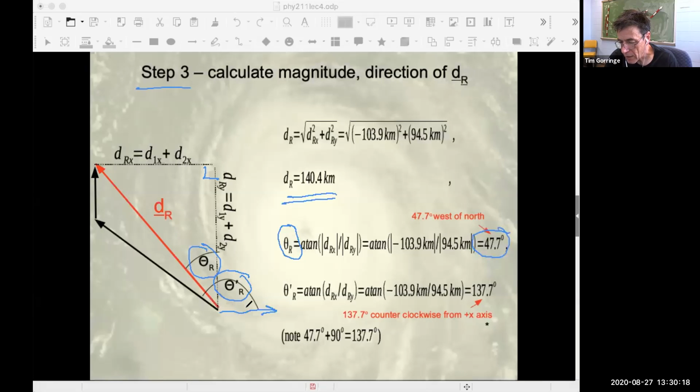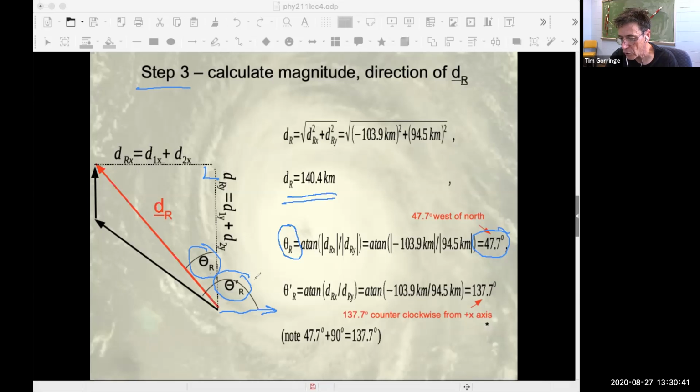If you wanted this angle here, which is the angle from the positive x-axis, the way that you would get that is by taking the ratio of the x and y components and taking the inverse tangent of that. That would naturally give you this angle here.